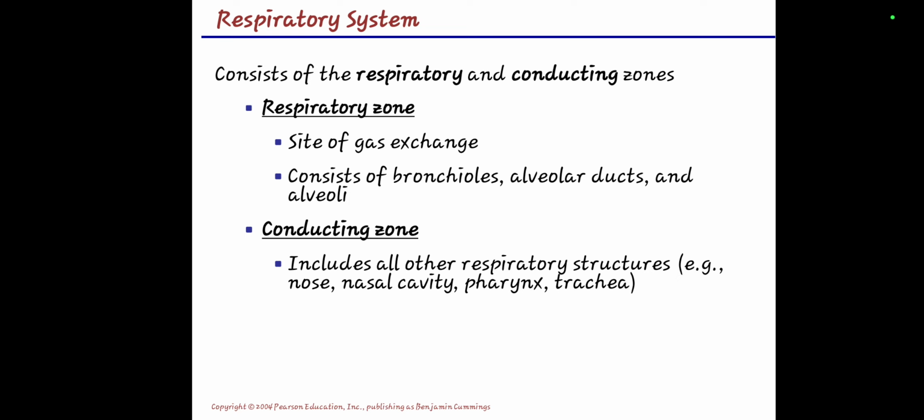So when we say respiratory zone, it is much more on the gas exchange, which takes place, where the oxygen is diffused. And the conducting zone is focused on the nose to bronchioles. When we say conducting zone, from the word itself, conducting, it is a path for conduction of the inhaled gases and respiratory zone.